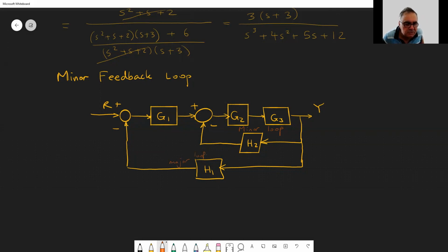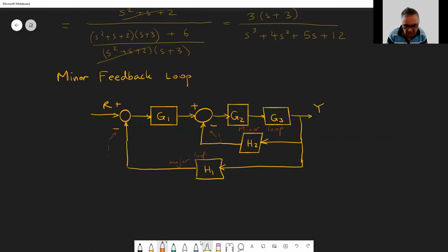And in both cases, you have negative feedback. Okay? Negative and negative here. Which means that we are subtracting this signal from the R. We are adding up this signal and subtracting this one.